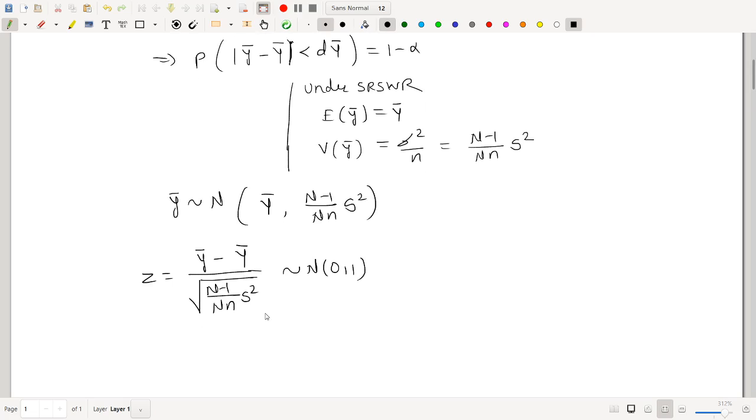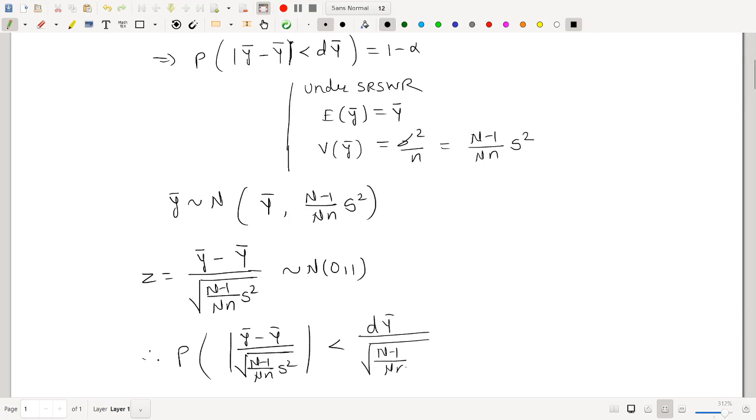So look at this equation. Therefore probability of mod of small y bar minus capital Y bar upon root of n minus 1 upon n into S square less than d Y bar upon root of n minus 1 upon n S square is equal to 1 minus alpha.